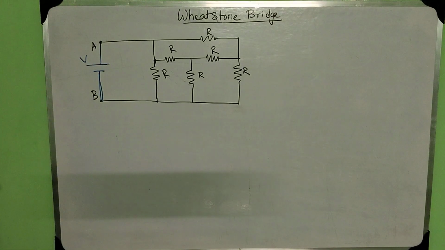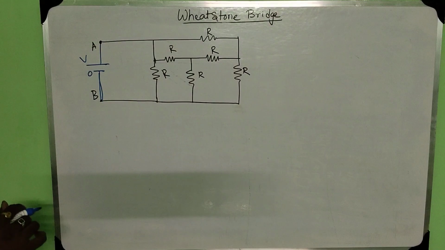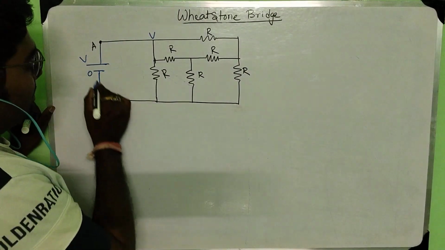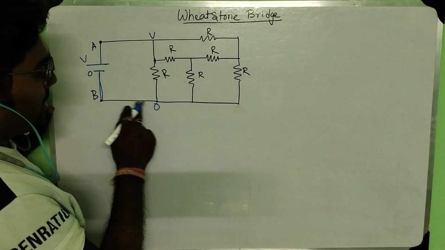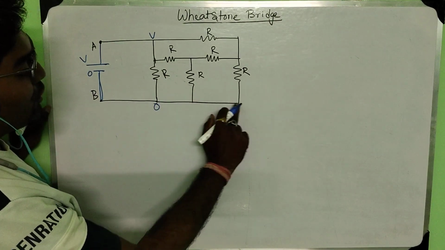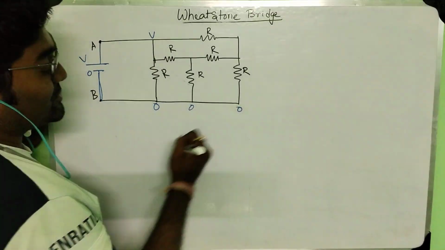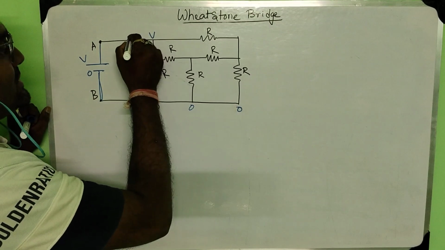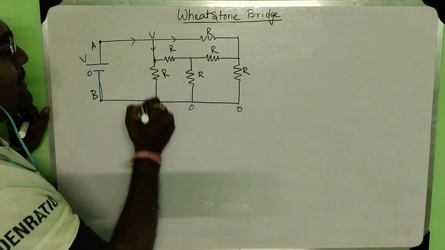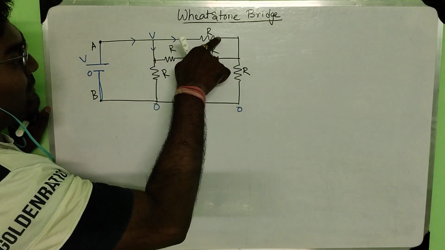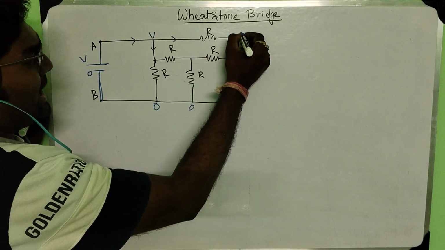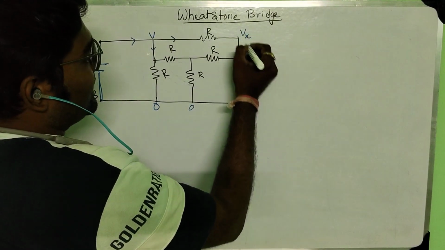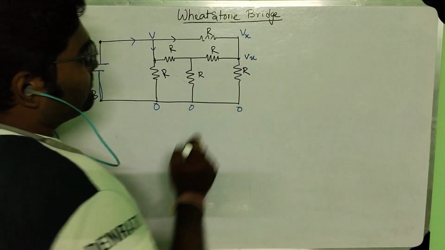Let's say this is V and this is 0. So here actually V and here 0. Again, in this branch there is no circuit element, so this is also 0, and this is also V. Now a current is flowing in this resistance, so there is a voltage drop, and let's say this is Vx. If this is Vx, then this point is also Vx.